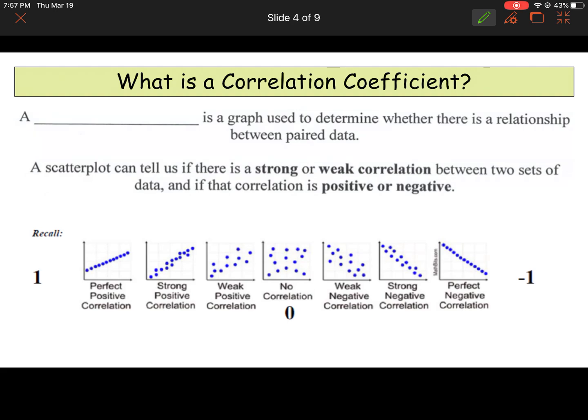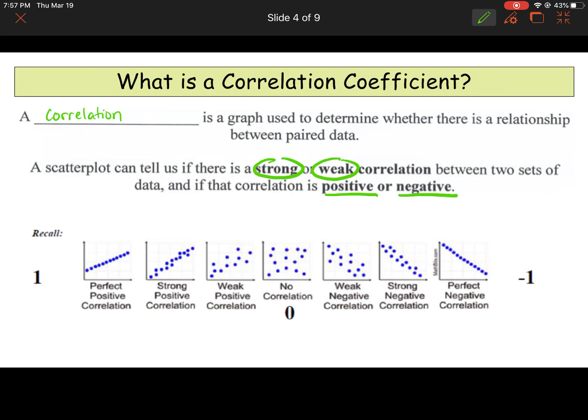So what is a correlation coefficient? A correlation is a graph used to determine whether there is a relationship between paired data. A scatter plot can tell us if there is a strong or weak correlation between two sets of data, and if that correlation is positive or if it's negative.